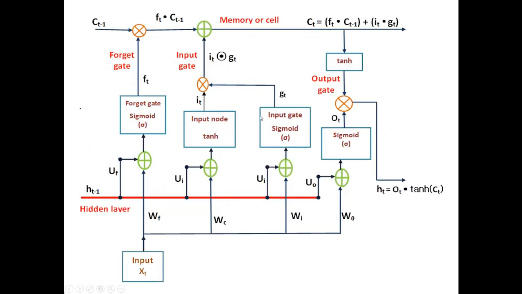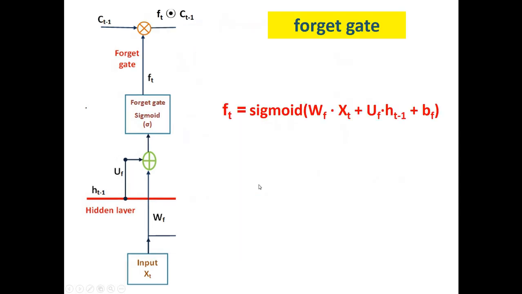Now, this is how a complete LSTM looks: a forget gate, an input gate, then an output gate. We are going to explain this complicated diagram here. So what is the forget gate? Input data comes, and there is a hidden layer.